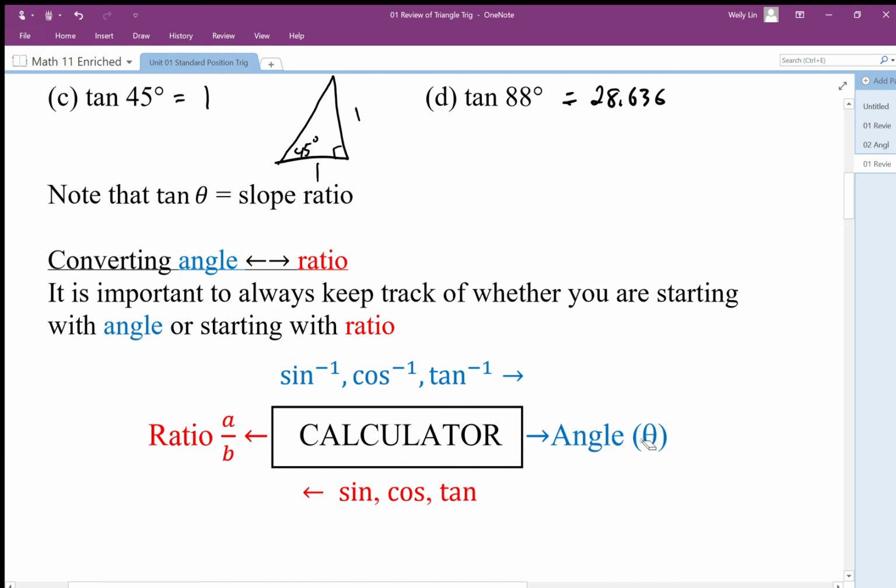Sine, cos, tan use an input of angle, which tells us shape, and give another description of shape, the ratio description of that same angle. If I know the shape of the triangle based on the ratio and I want the angle, I use the inverse to get the angle. So make sure you understand that we use sine when we start with angle, and we use arc sine, arc cos, arc tan when we start with the ratio.